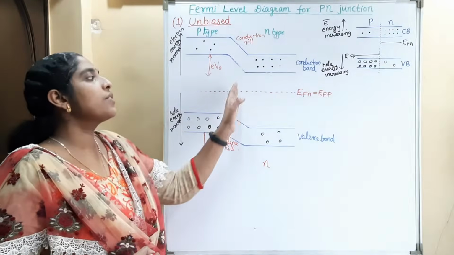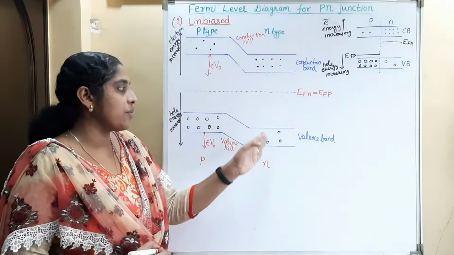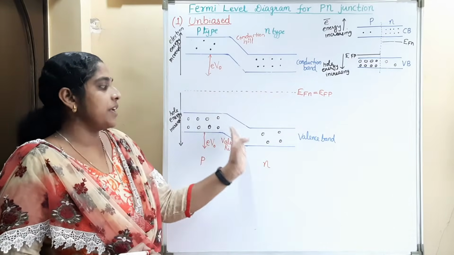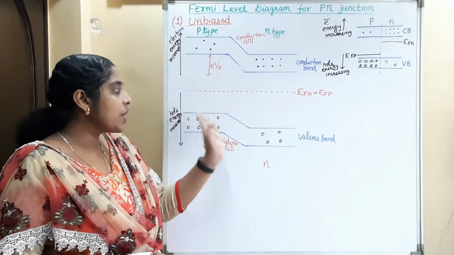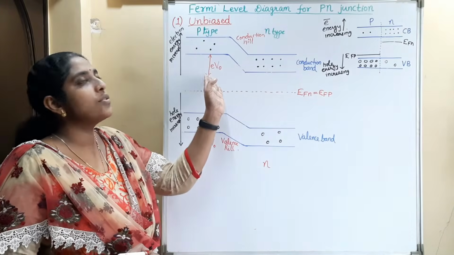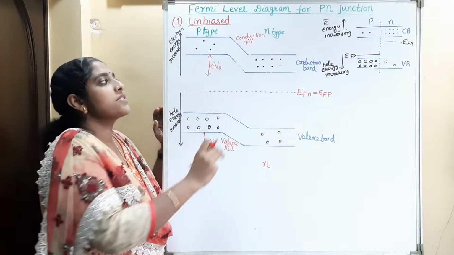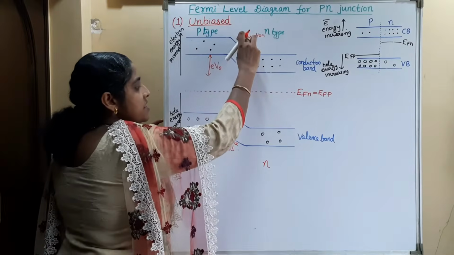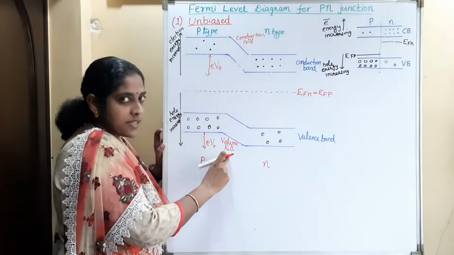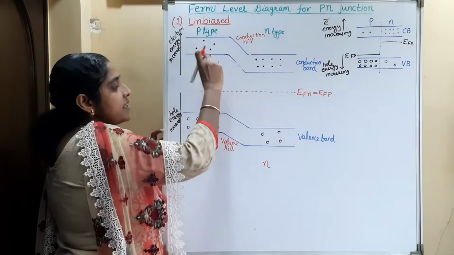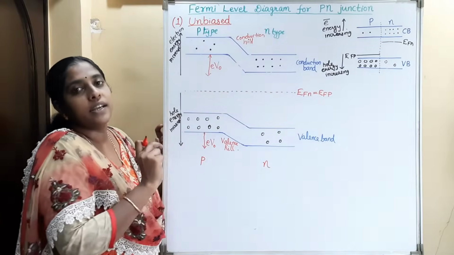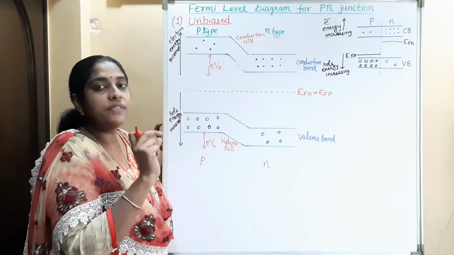So for further crossing of the charge carrier across the conduction hill or valence hill requires an energy equal to or greater than EV0. So the bending of the band structure in conduction band produces conduction hill, and in the valence band produces valence hill, each of height that corresponds to the energy of potential barrier EV0.